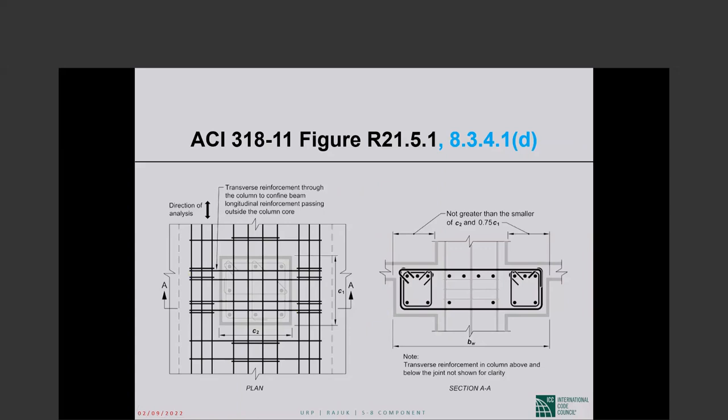And the question is, how wide can the beam be and still be eligible to be part of the seismic force resisting system of a category D structure?